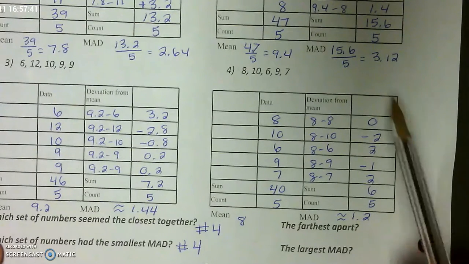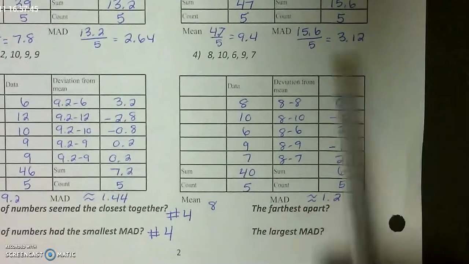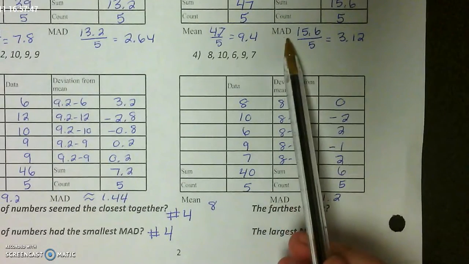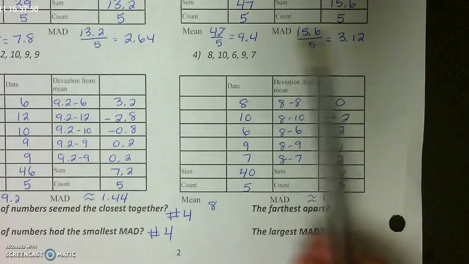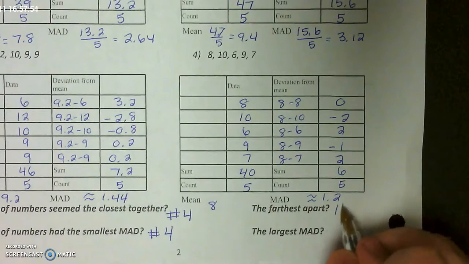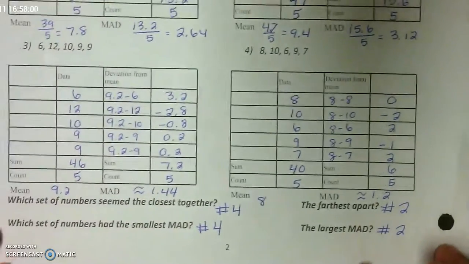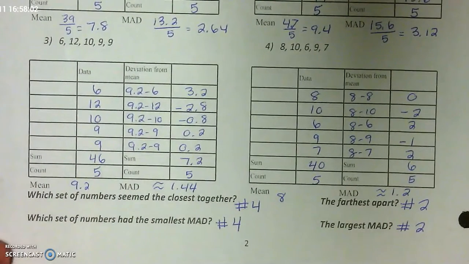It had the biggest range, and it also has the biggest mean absolute deviation. That means this data set deviates from the mean the furthest of any of these. So data set number 2 is the furthest apart, and it also has the largest mean absolute deviation. So this is the end of the notes.